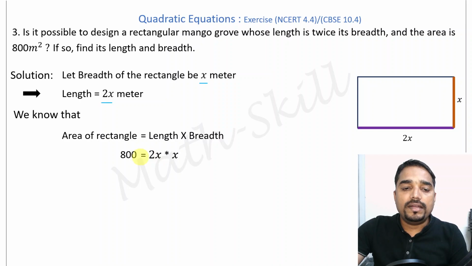Therefore, 800 is equal to 2x multiplied by x. 2x into x is 2x square. That is, 800 is equal to 2x square, or 2x square is equal to 800.